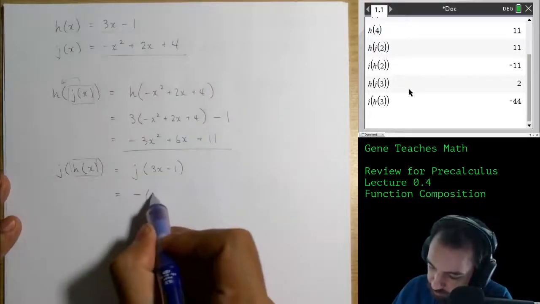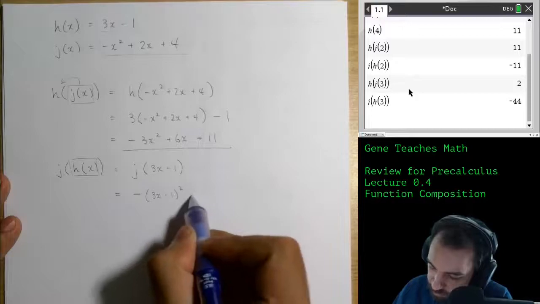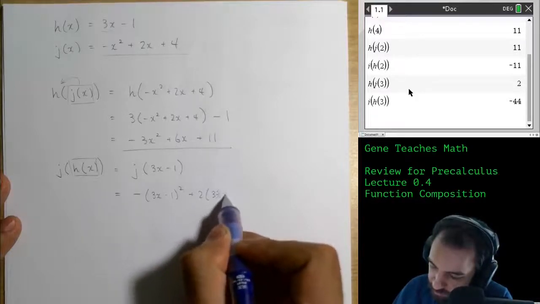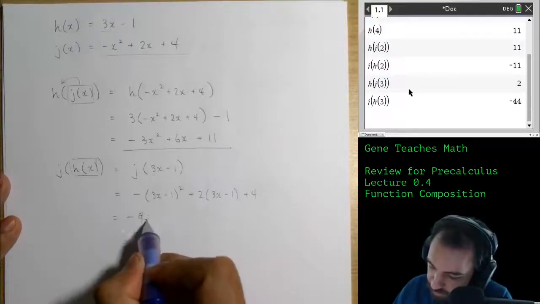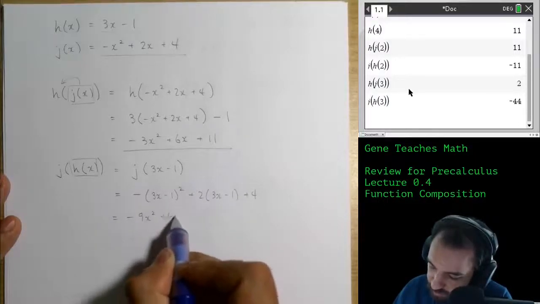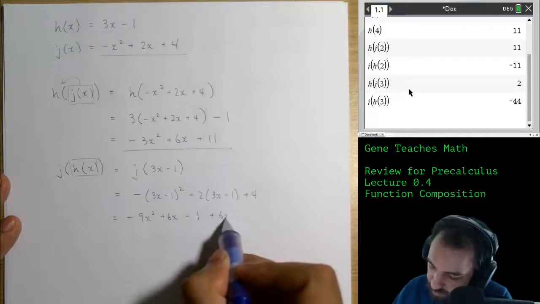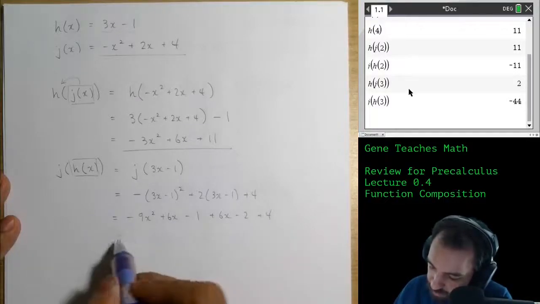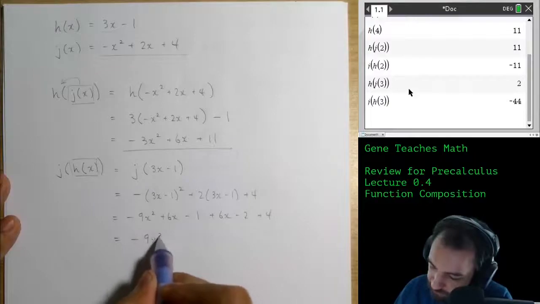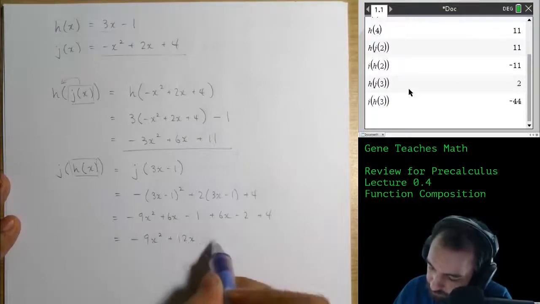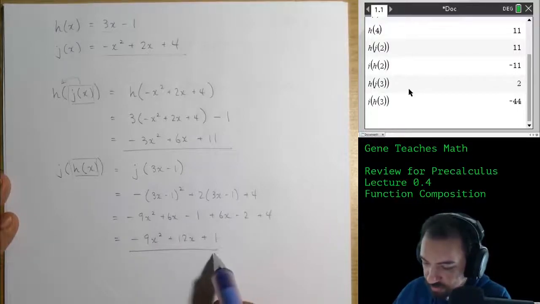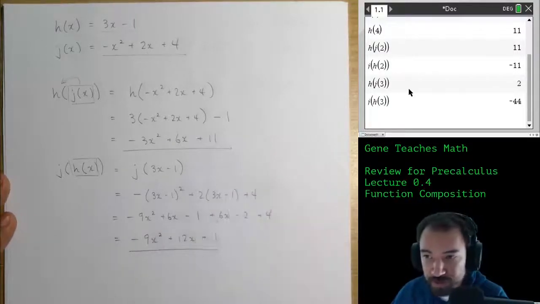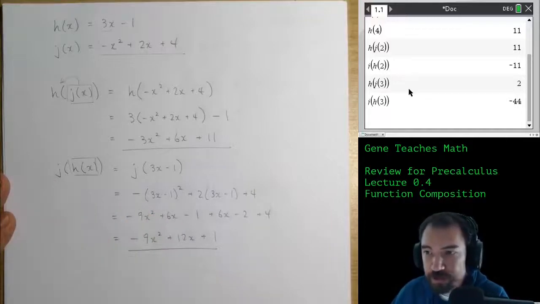This is negative, parentheses 3x minus 1 squared, plus 2, parentheses 3x minus 1, plus 4. And if I expand this, I will get negative 9x squared plus 6x minus 1, plus 6x minus 2, plus 4, which finally simplifies like this. And we notice immediately that this is not the same as that. They're completely different. So switching the order does give us something very different.